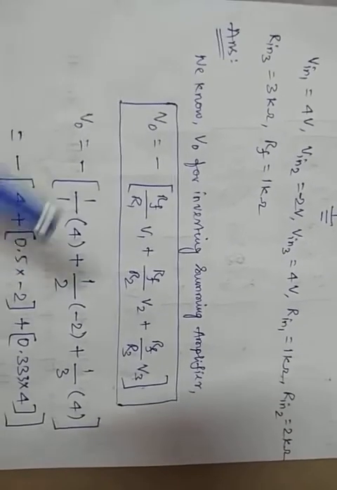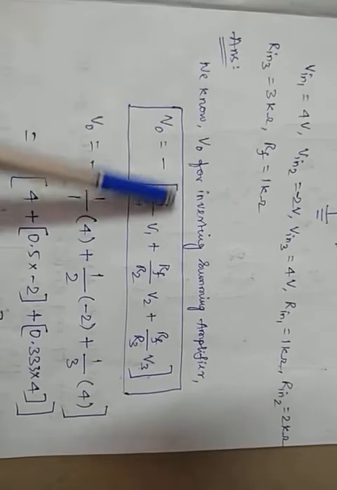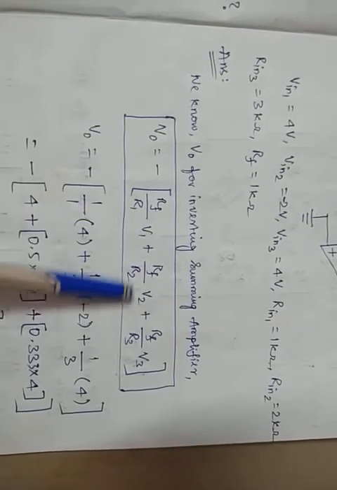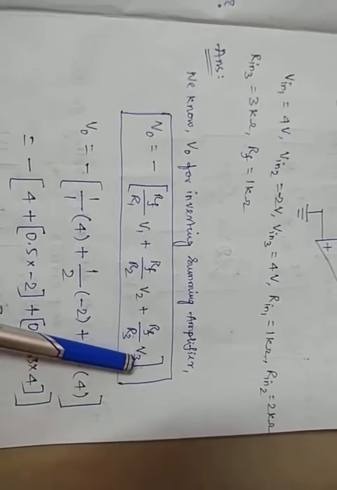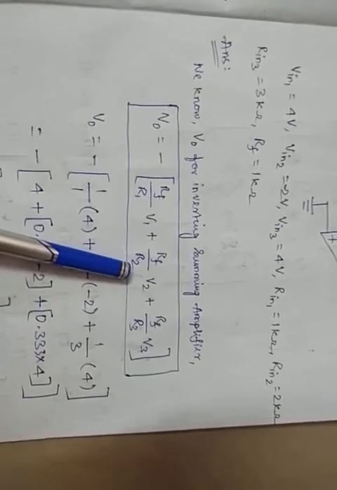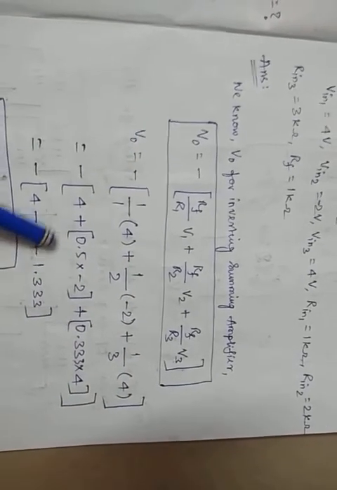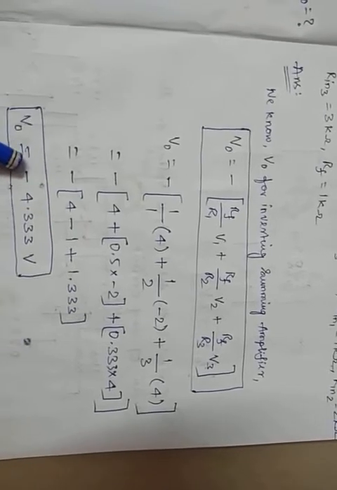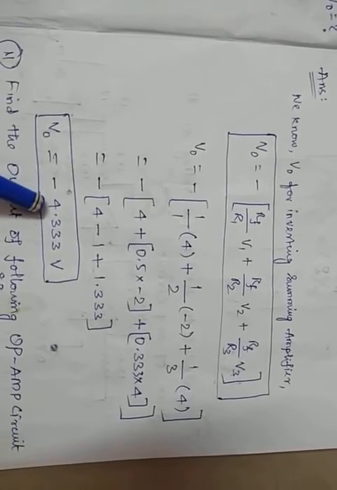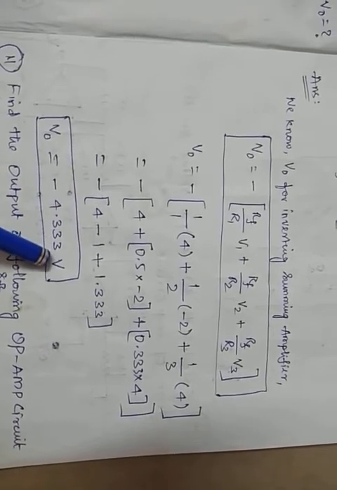See, the output voltage formula for the inverting summing amplifier we know. This formula we have discussed from the beginning in this class. The same formula, substitute the values and simplify it. So we got Vout equal to minus 4.333 volt.